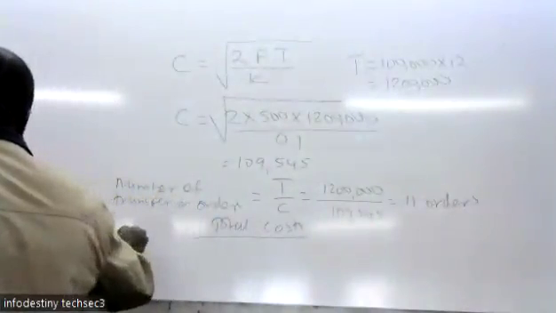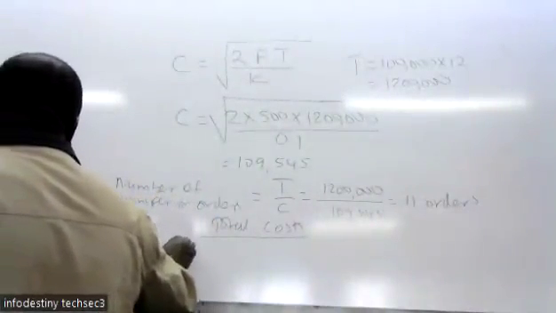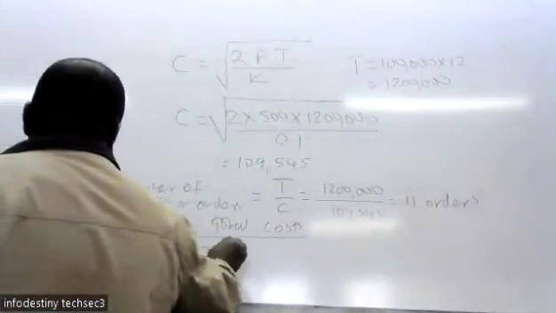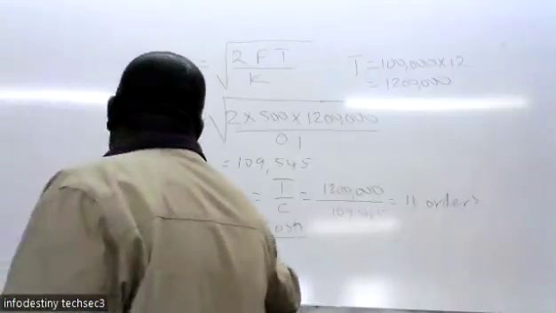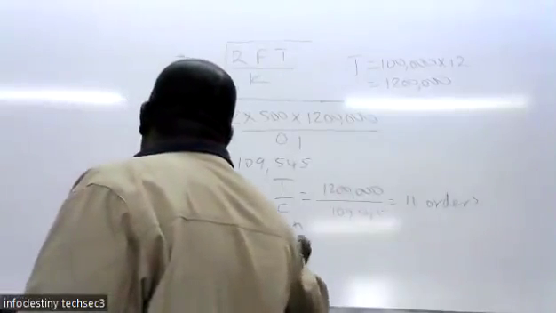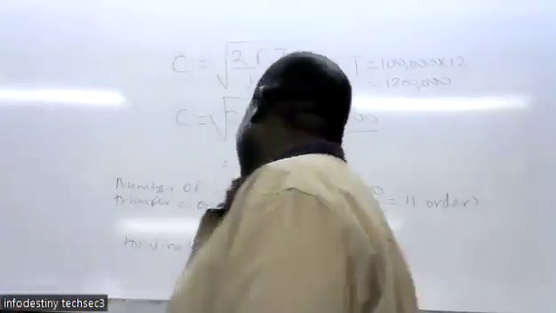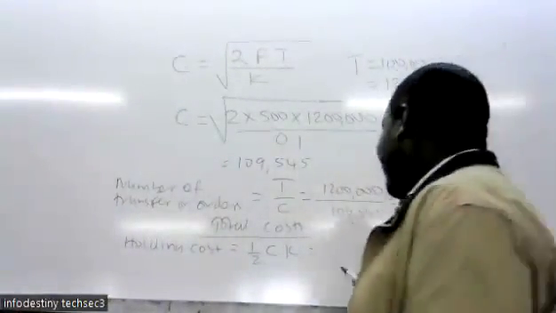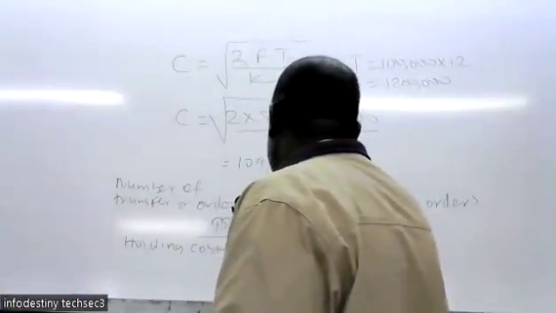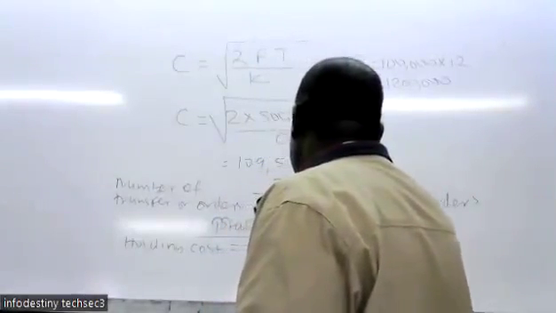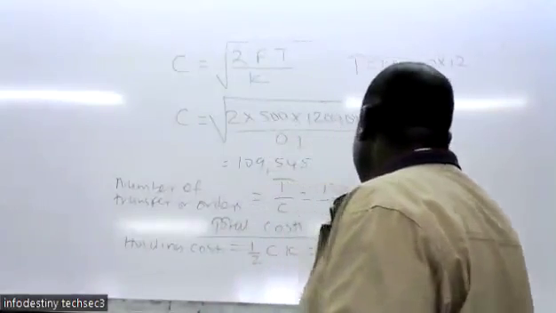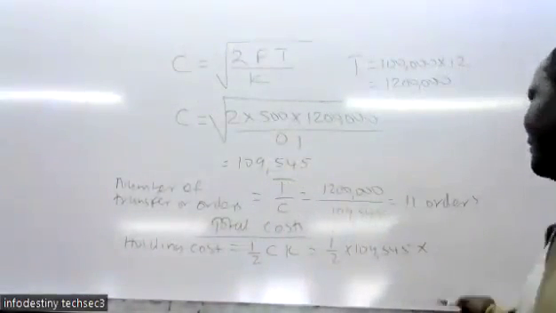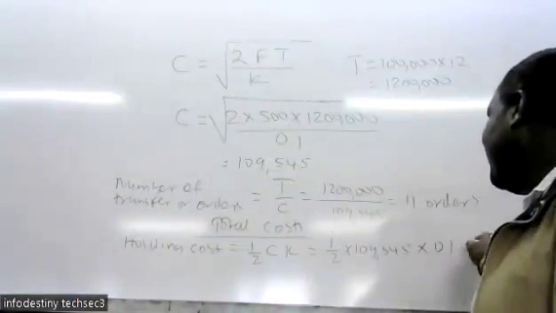Remember the holding cost? It was a half CK. So it will be a half. C, we know it is 109,545. K is 0.1, that's 10%.